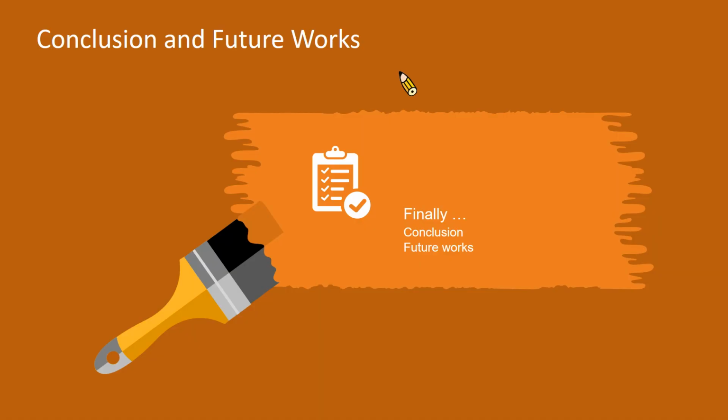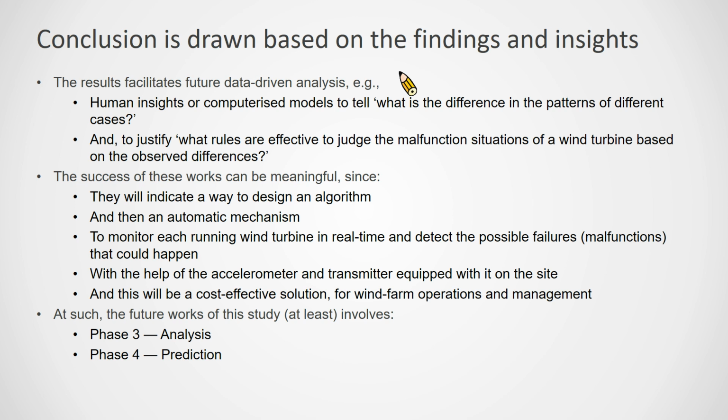Finally, we come to the conclusion and future works. The results of this study facilitate future data-driven analysis and prediction. For example, to justify what rules are effective to judge the malfunction situations of a wind turbine based on the observed differences.